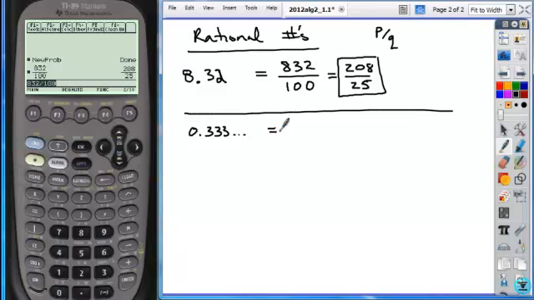There's a process to use to find this, and I'll write the steps as we do. You're first going to take your number, and this is finding rational form.